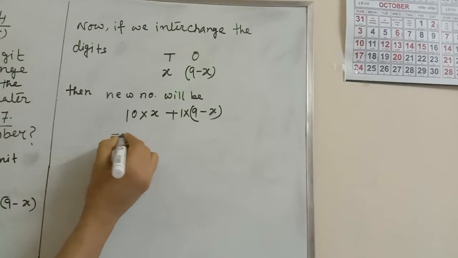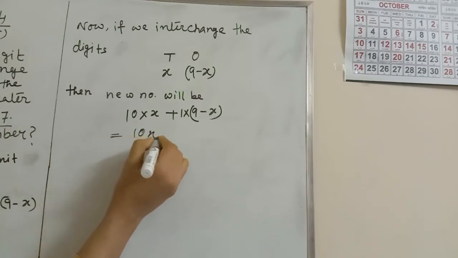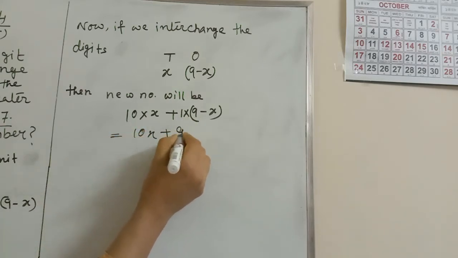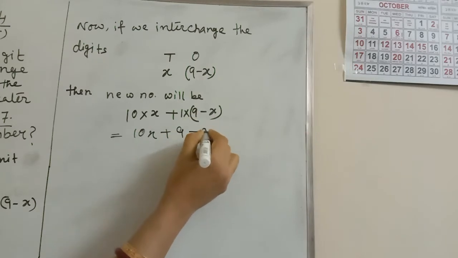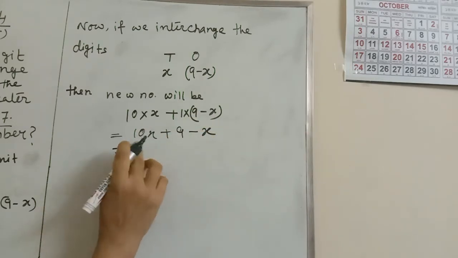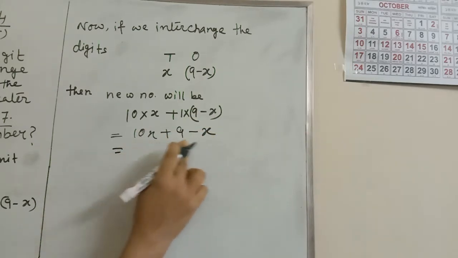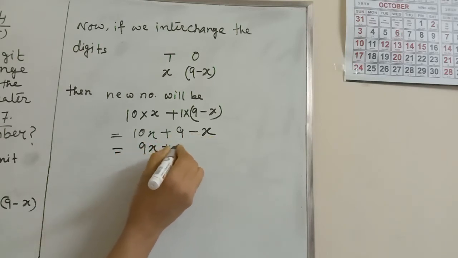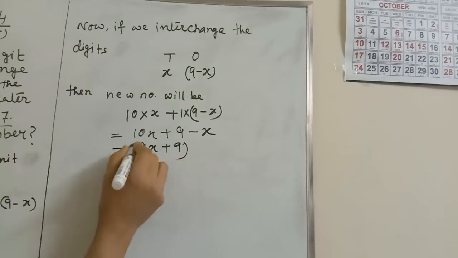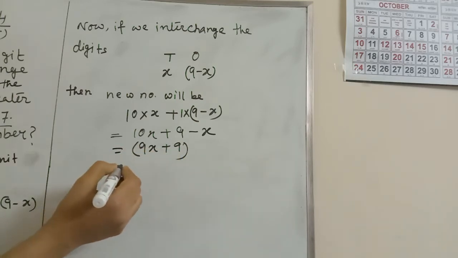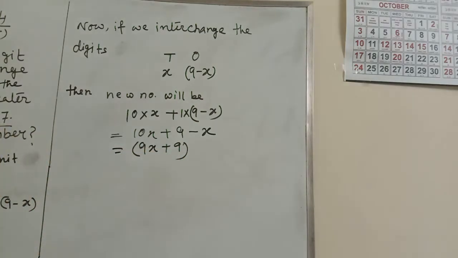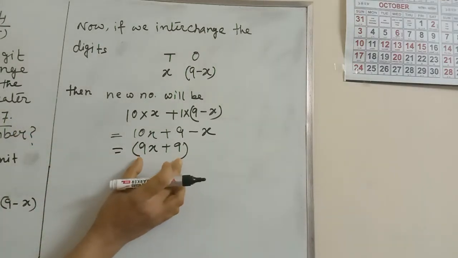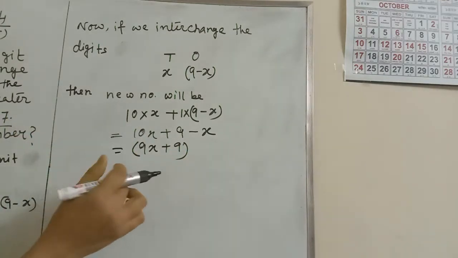So what is the number? 10x plus 9, minus x. According to like terms, if you do this subtraction, then you will get 9x plus 9. And this is the new number. And according to the question, it is given that the new number is greater than the original number by 27.